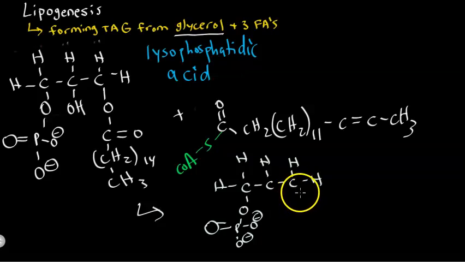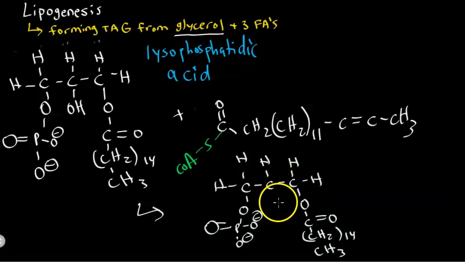So we'll still have that first carbon bound to the first fatty acid. And now the second carbon is going to be bound to the unsaturated fatty acid. Right? And this R actually is unsaturated. So the C double bond O is bound to a hydrocarbon chain, but that hydrocarbon chain has a double bond somewhere in there. Right?